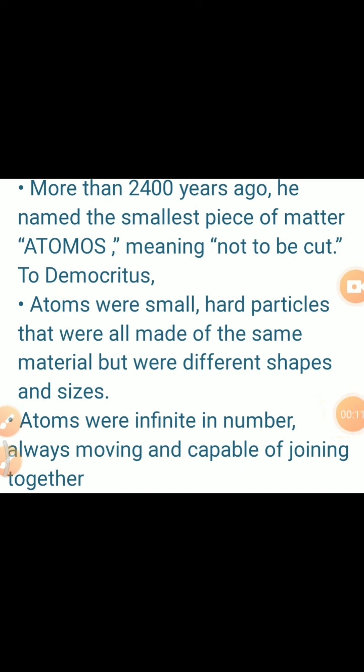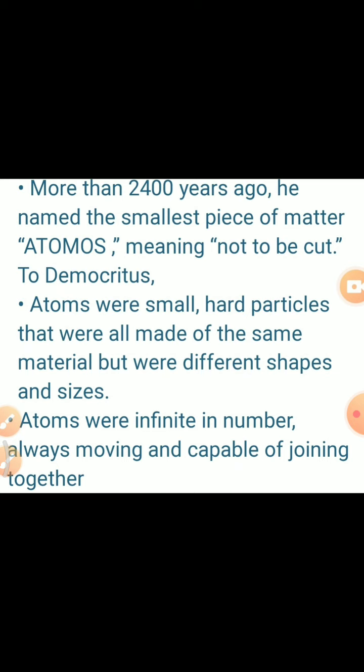More than 2400 years ago, Democritus named the smallest piece of matter atoms, meaning not to be cut. The basic idea is that 2400 years ago, it was discovered that an atom cannot be cut or divided into pieces.